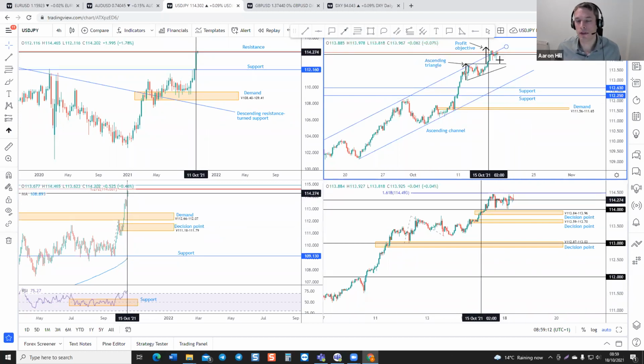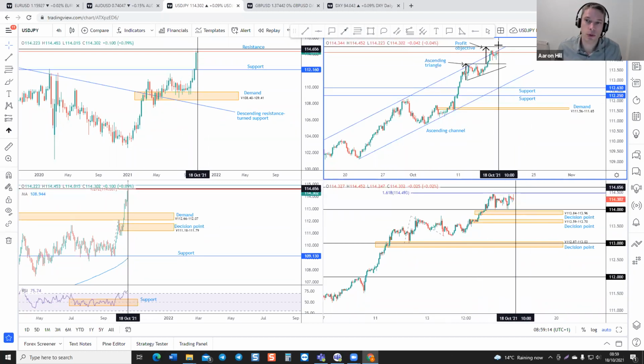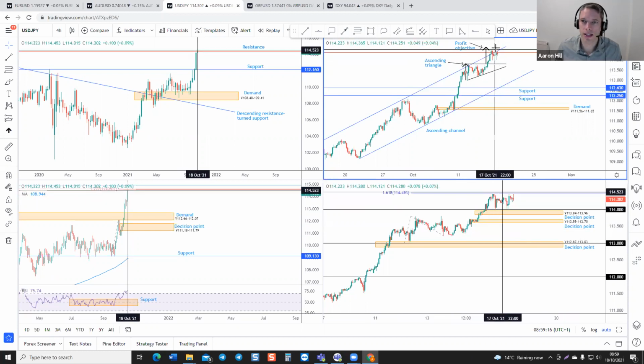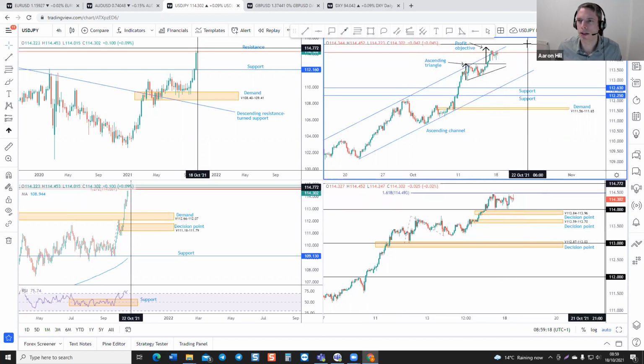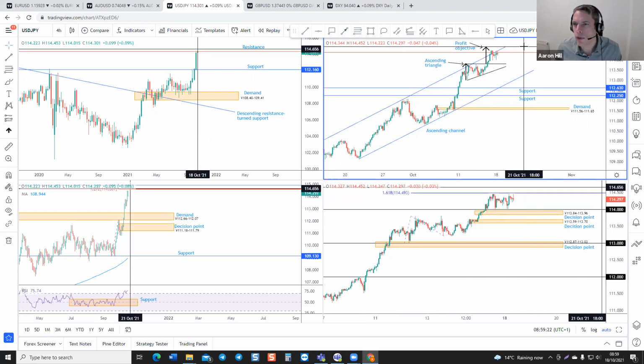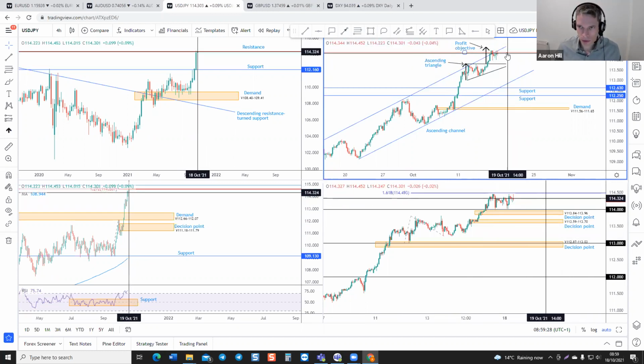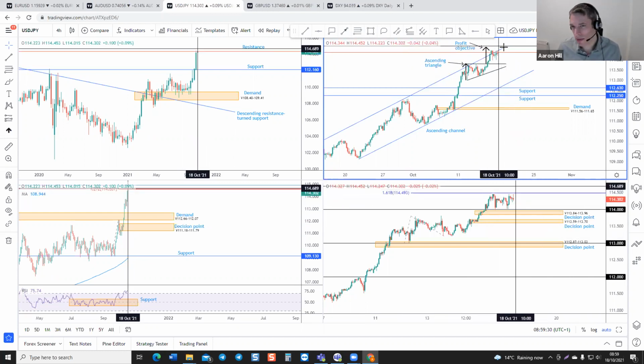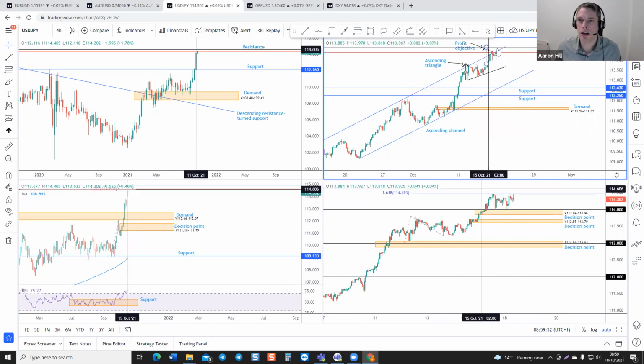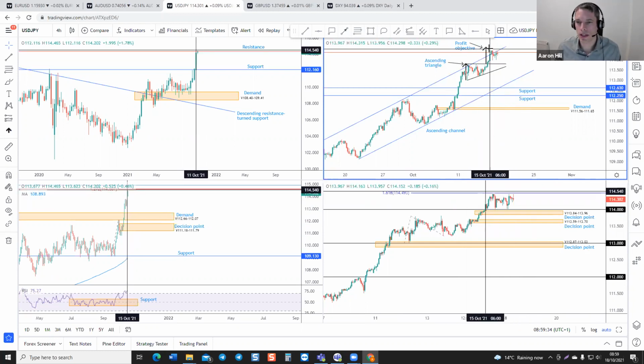So we do have some confluence here, and do bear in mind the profit objective for the ascending triangle comes in around the 114.63 mark, I believe. So do be aware of that today. So together we have reasonable confluence in terms of resistance here.